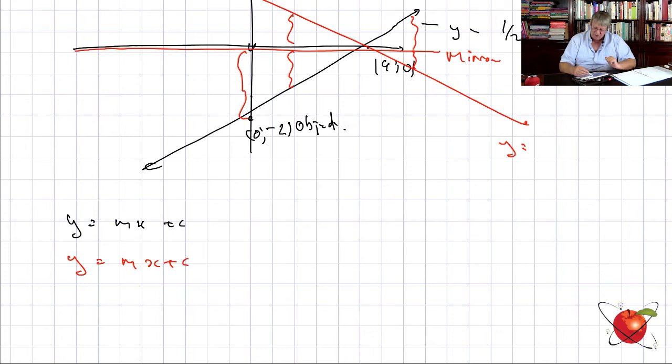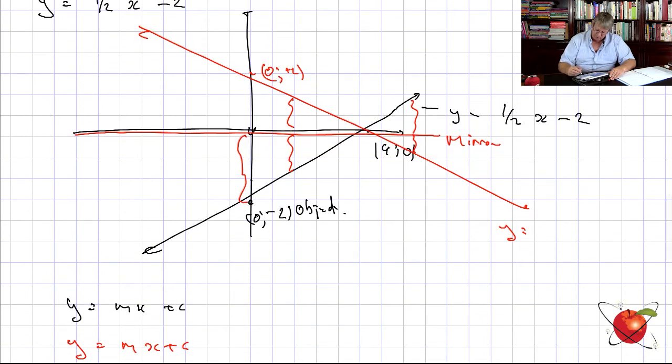I know that we've got x equals 4 and y is 0. So 0 equals m times 4 plus my 2. Therefore, m in this case is going to be equal to minus a half. So the graph of this is y is equal to minus a half x plus 2.